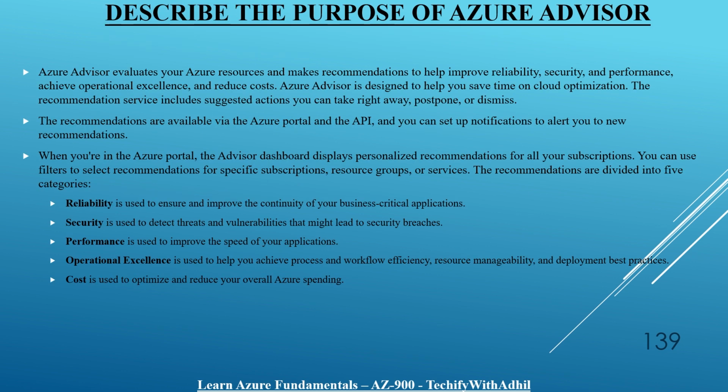Also, you can set this up for specific resource groups or specific subscriptions or specific services as well. So if you have a resource group just for your testing, which you do not need to give much attention to, you can ignore that from your Azure Advisor alerts.